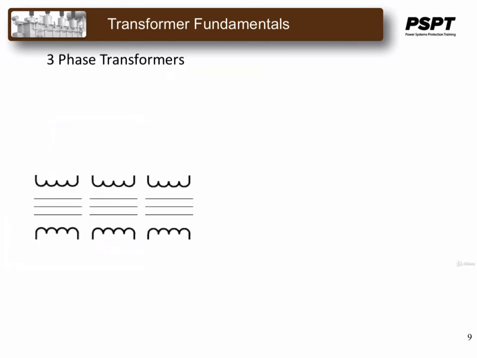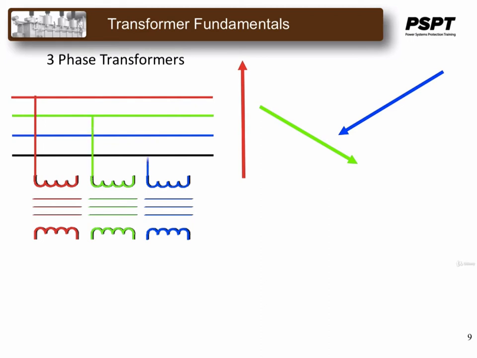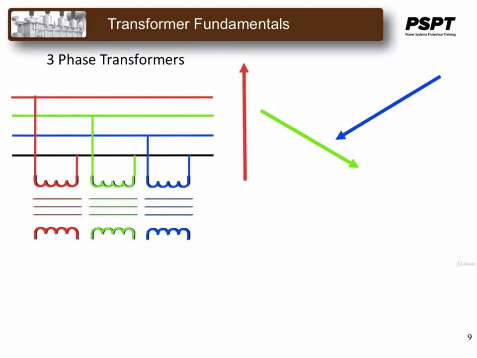Three-phase transformers can be thought of as three single-phase transformers, each consisting of a primary winding linked magnetically to a secondary winding. They become a three-phase unit by virtue of their excitation voltage and how they are connected to one another.